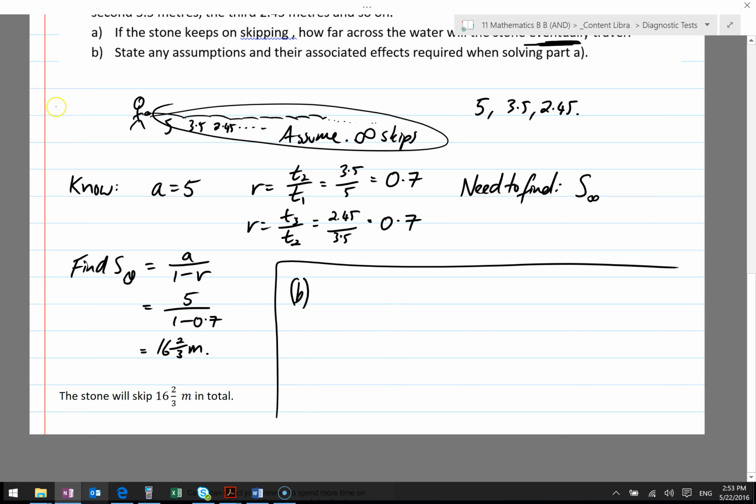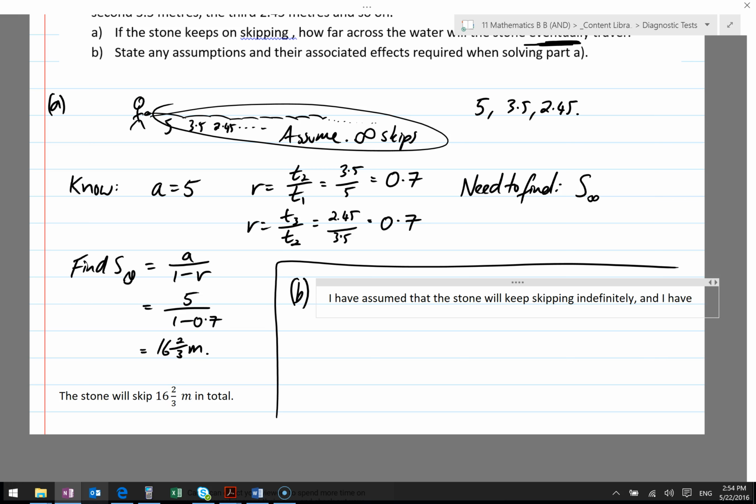Part B is: state any assumptions and their associated effects required when solving part A. As we talked about in the first place, I've assumed that the stone will keep skipping indefinitely, and I've also assumed that the lake is at least 17 meters in length or width, whichever one you want.